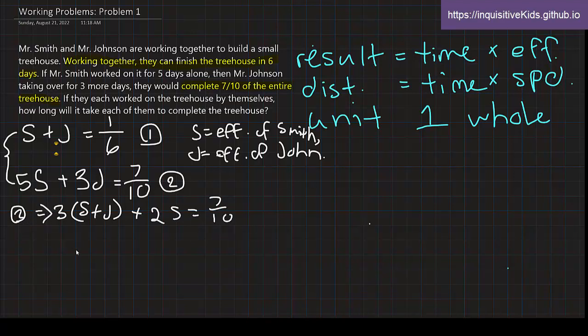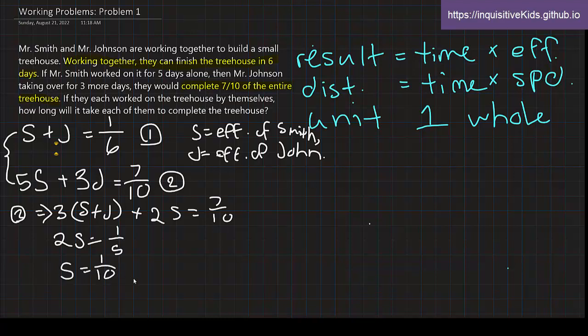And we know that s plus j is 1/6, so we can substitute that in here. And we would have 2s is equal to 1/5, and s is equal to 1/10.